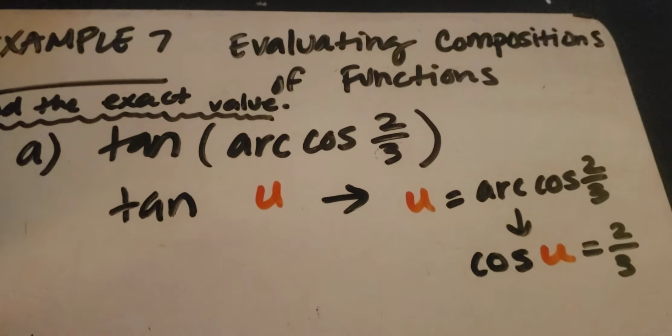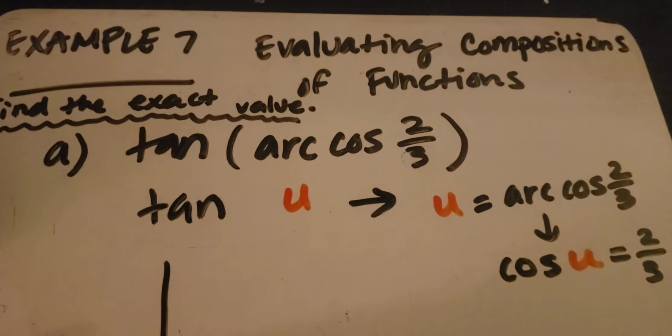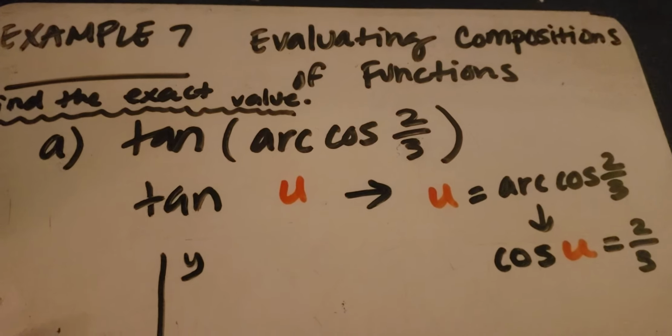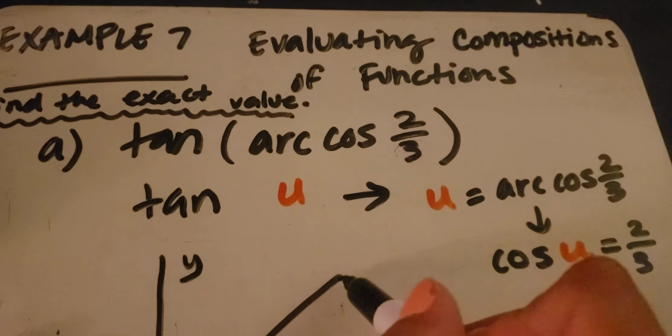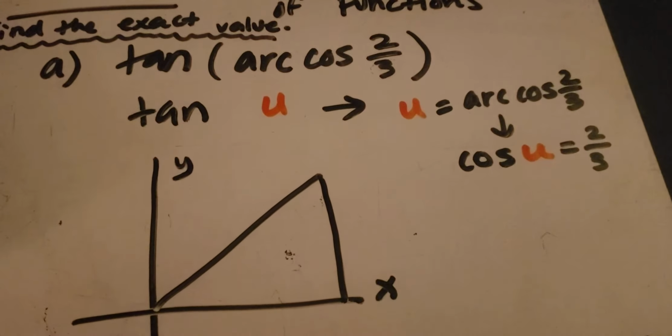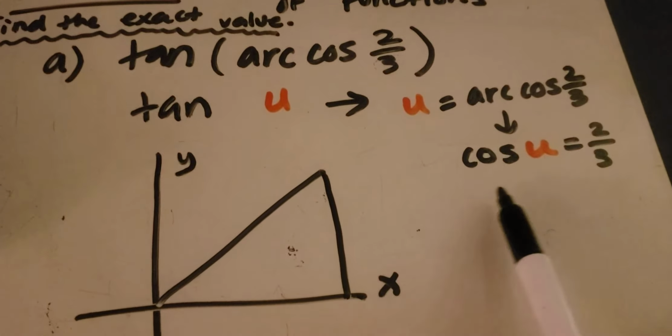What that means is we're going to be drawing a triangle in quadrant 1. Okay, so this is our y, this is our x. So you're going to be drawing a triangle, so it looks like this. Okay, and then we're going to label it based on this.